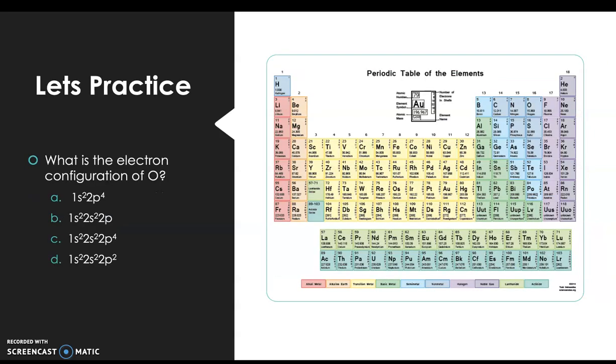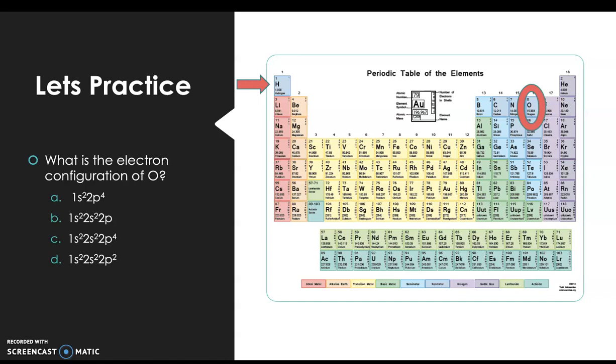Let's practice. What is the electron configuration of oxygen? So first, we're going to identify where oxygen is on the periodic table. It is element 8, and it is in the p block. Next, we're going to start with hydrogen, and we're going to work our way through. Starting with hydrogen, we see that the 1s orbital is full, which means that 1s2 is the first part of the electron configuration.